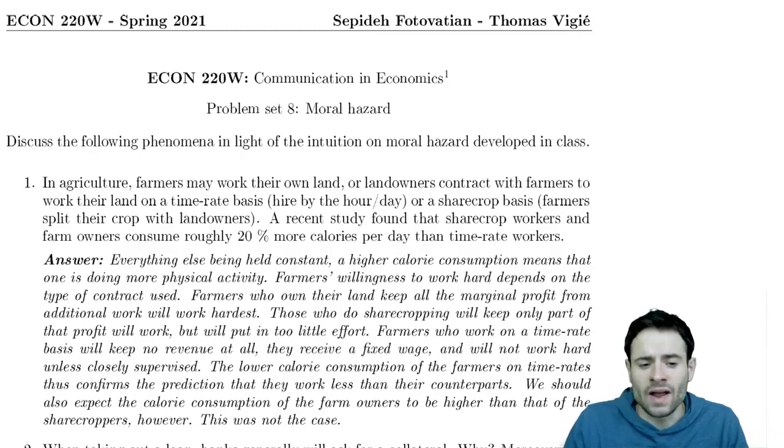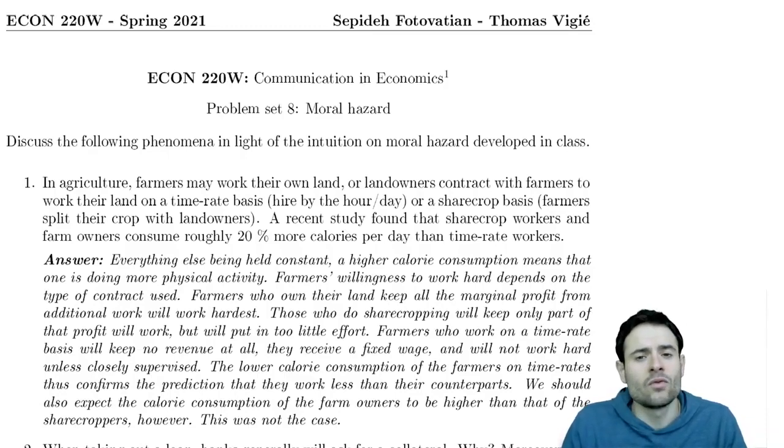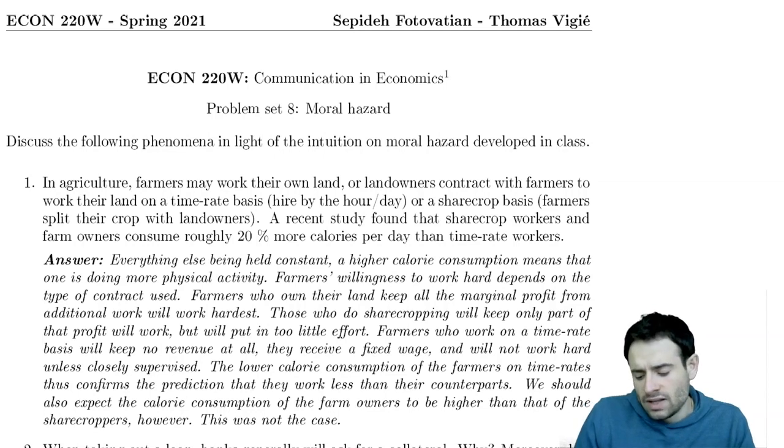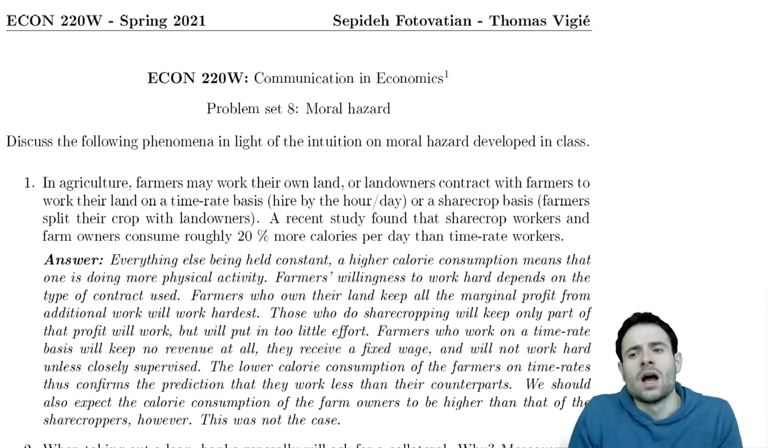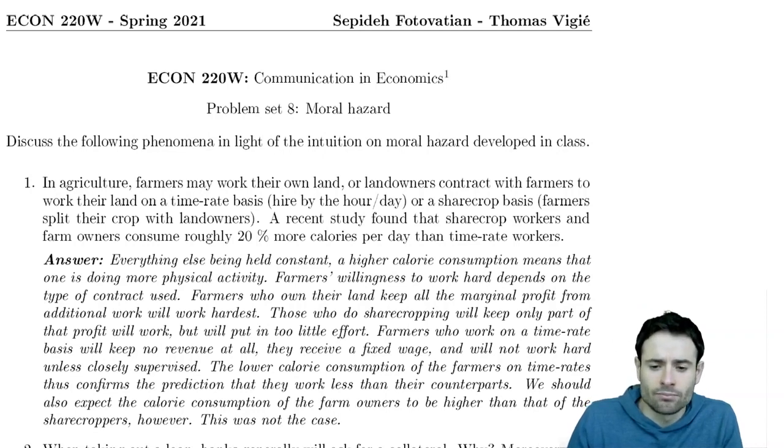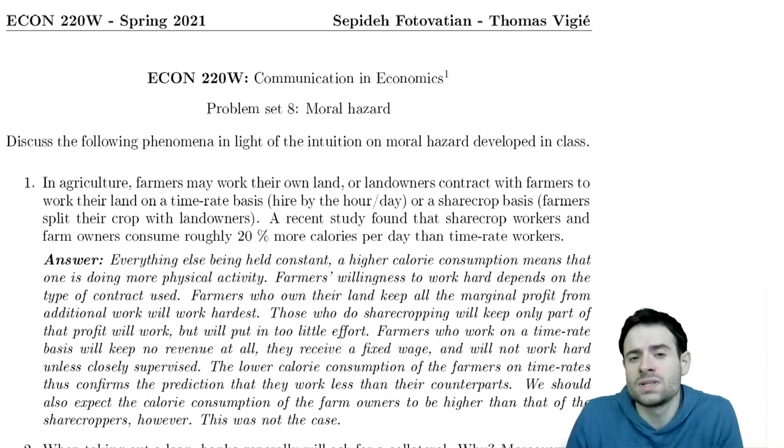Farmers who work on a time rate basis will keep no revenue at all. Whether this extra amount of work is very productive or not will not affect their wage. They are paid a fixed amount of money per hour. So whatever they provide during that hour is going to be irrelevant when it comes to getting paid. Unless maybe they are closely supervised.